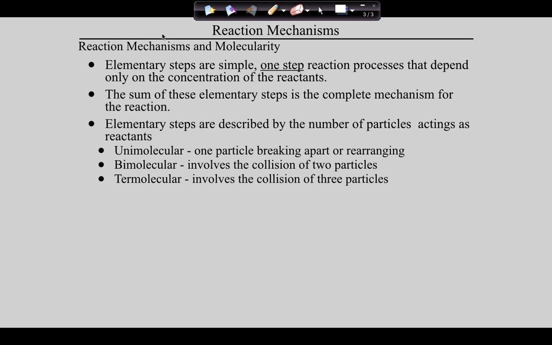And when they collide, assuming that they collide in proper orientation, because some collisions, we'll talk more later, some collisions don't work. Because if they don't collide hitting the proper surfaces, they won't react. That's what catalysts do, but we'll talk more later. So guys, the idea here is that so long as they collide, we're going to have a reaction. That's bimolecular.